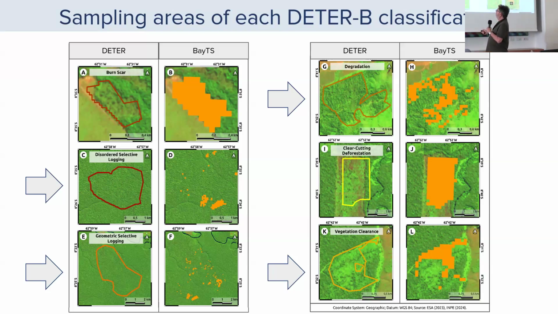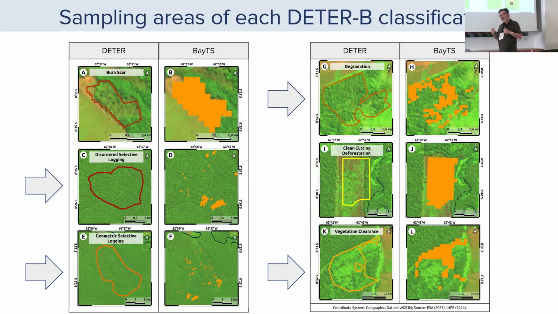However, when you do selective logging, you cut one tree here, one tree there. So there's a complex spatial pattern that outlines the limits of pixel-based methods, such as the current generation, in terms of vegetation, and certainly in terms of degradation. You can get something, but you don't get everything, which means there is a scientific question opening up.